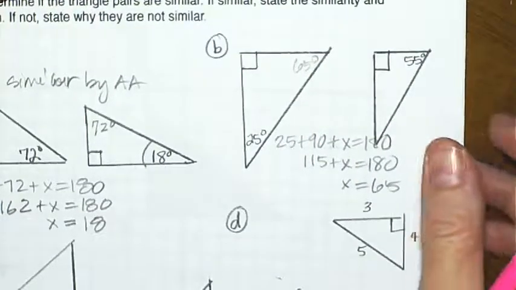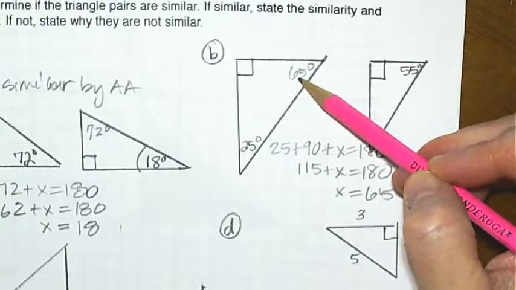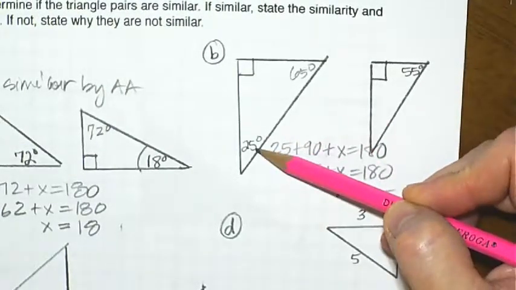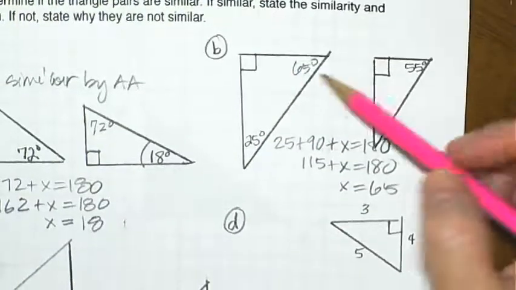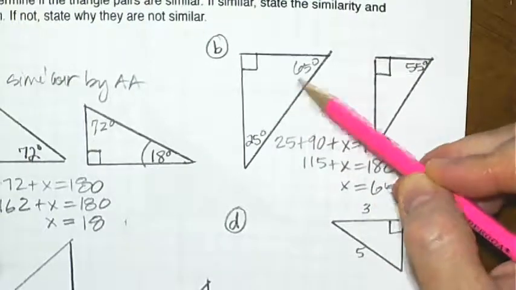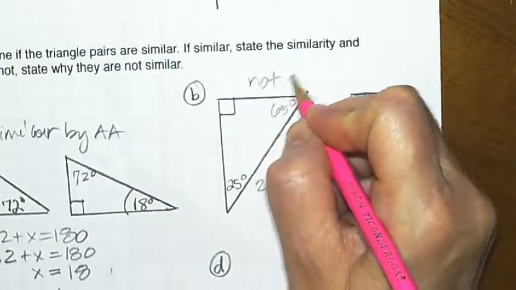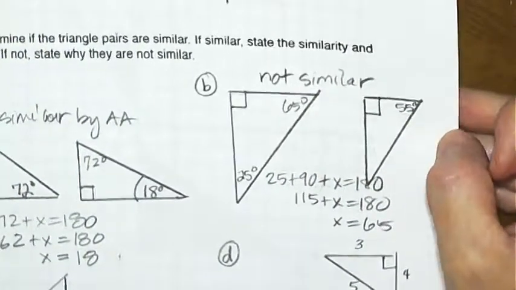So be careful. If you were just glancing at this, a lot of students will say, oh yeah, this must be 55. But 65 and 55 adds up to 90, plus 90 would be 180. So I don't have a 55-degree angle here, so then these 2 triangles cannot be similar. If they were similar, their angles would be the same.